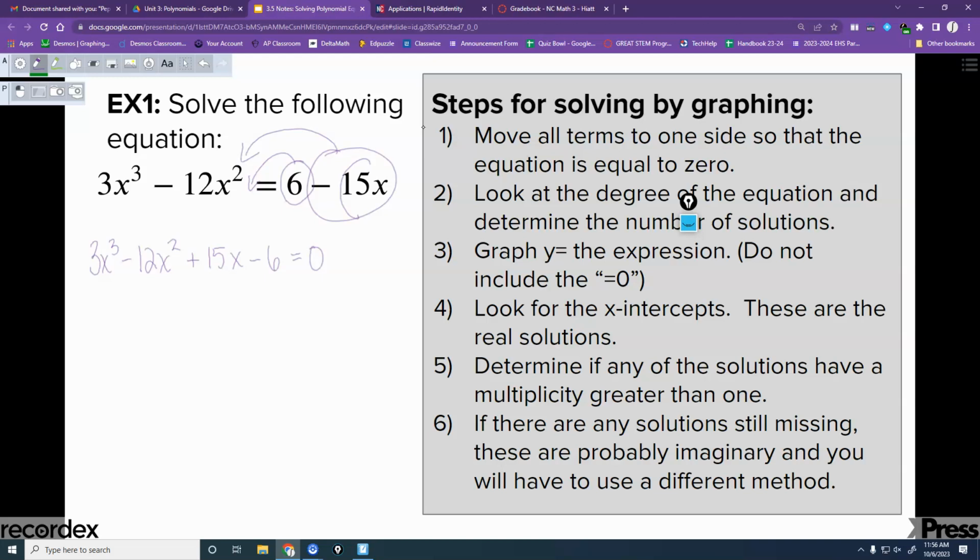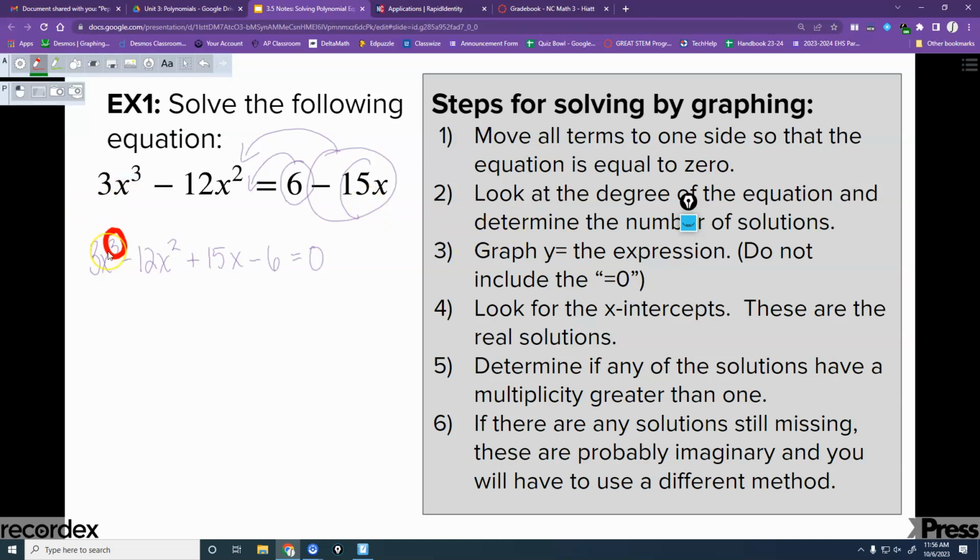Now, when I do this, I do want to think about the number of solutions that I have. Because if I've got something to the third degree, let's make that a little bit smaller.